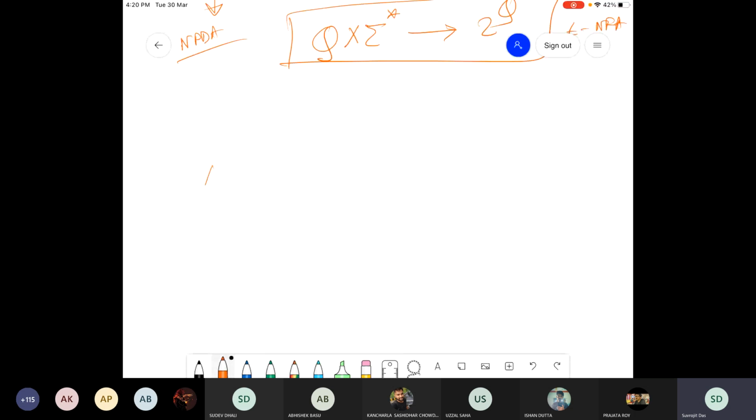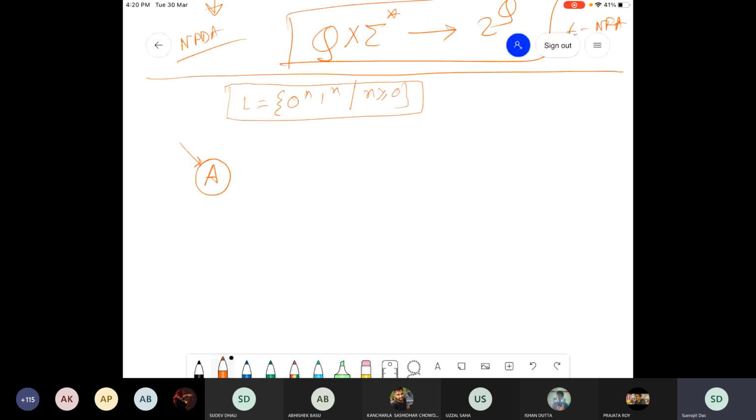For example, say I start in a state A, right? I am in a state A, and what is the language that I'm going to accept? I am going to accept 0^n 1^n, n greater than or equal to 0. So this is the language I'm going to accept with a PDA, or putting it otherwise, we are going to design a PDA that should accept this language.